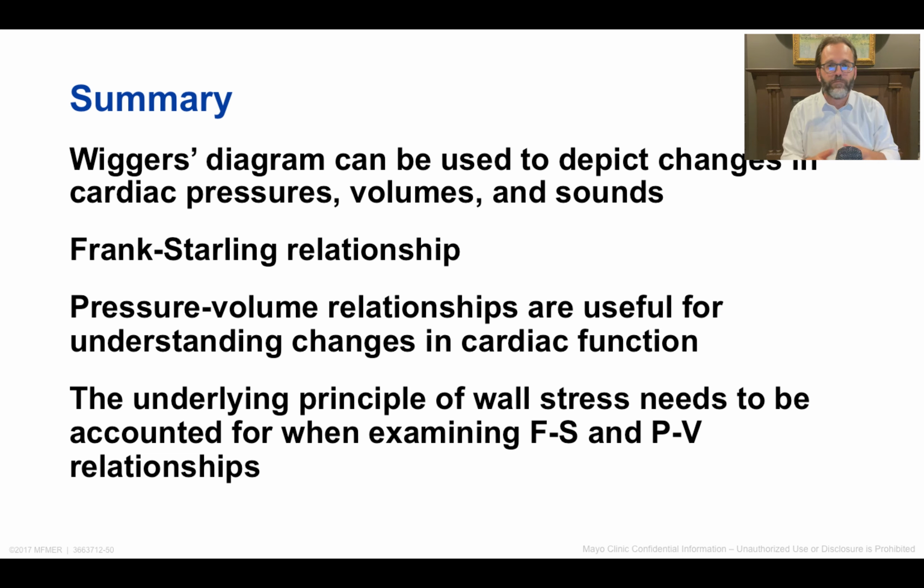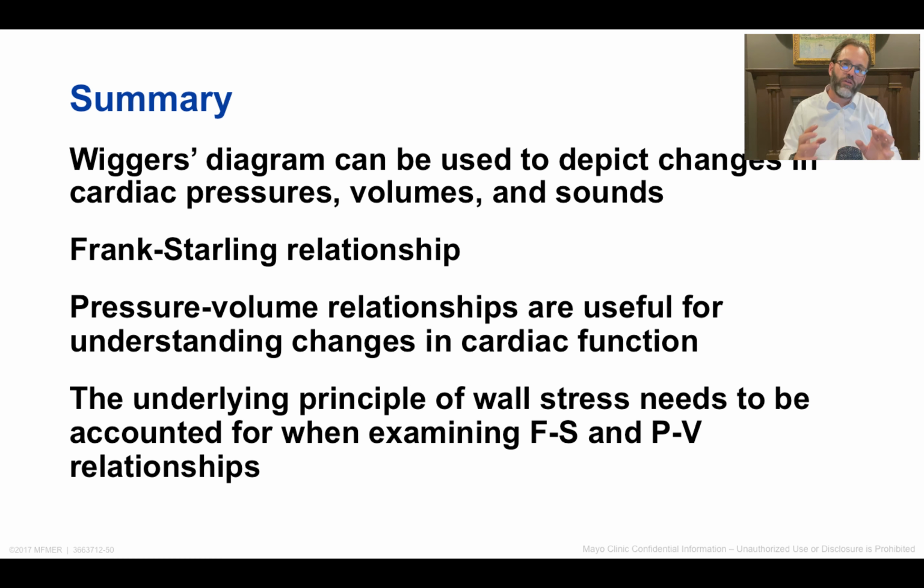So collectively, just to summarize what we covered today, we've got the Wiggers diagram. Of course, it's very useful to depict changes in cardiac pressures, volumes, and sounds, being depicted over time. We have the Frank-Starling relationship, being a critical determinant of intrinsic regulation of cardiac volumes. The pressure-volume relationships are very important and useful for understanding changes in cardiac function.